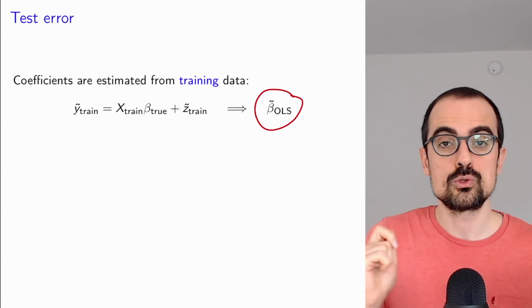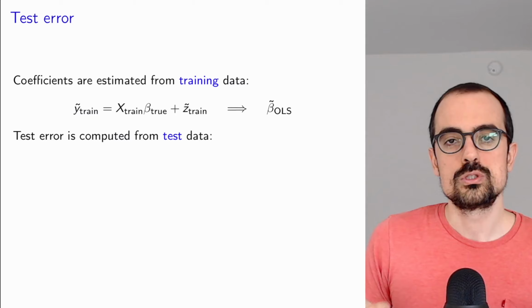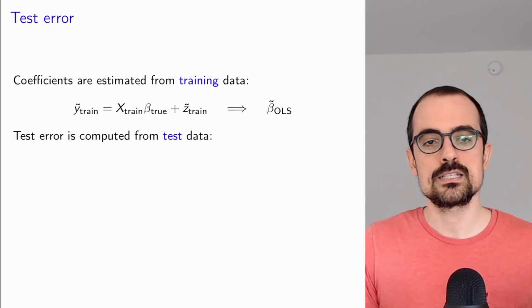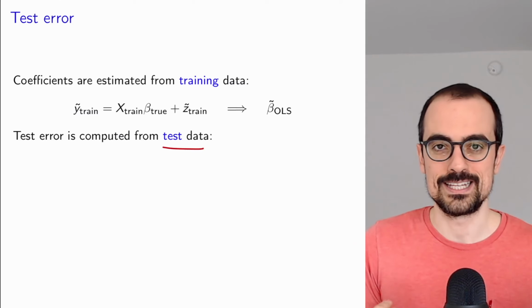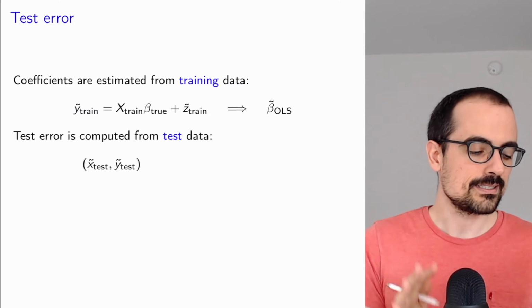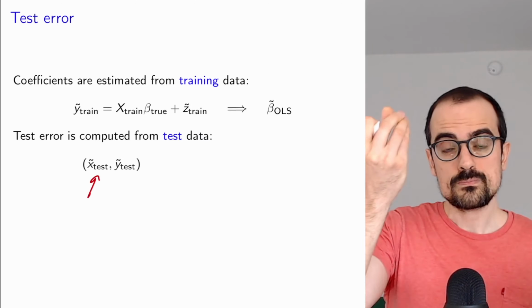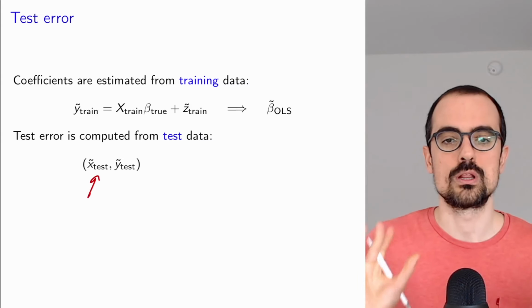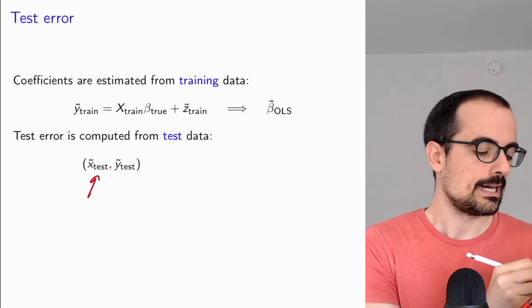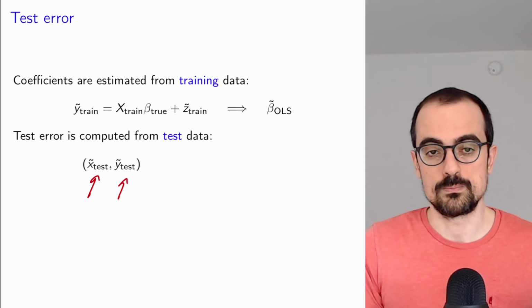And now we want to study how well those coefficients allow us to fit test data that has not been seen by the model. This test data is going to correspond to a vector of the features that we model as a random vector, and a corresponding random variable that models the test response.